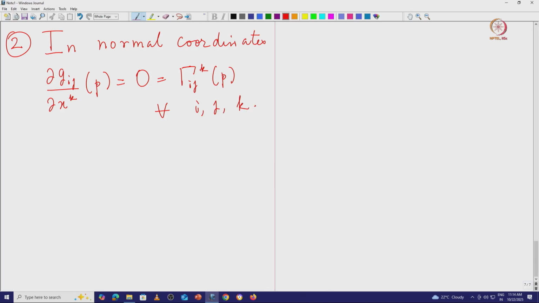Now a consequence of this is that if you take the inverse of the metric components, so if you take g upper ij and differentiate that, that is also going to be 0. Okay, why?